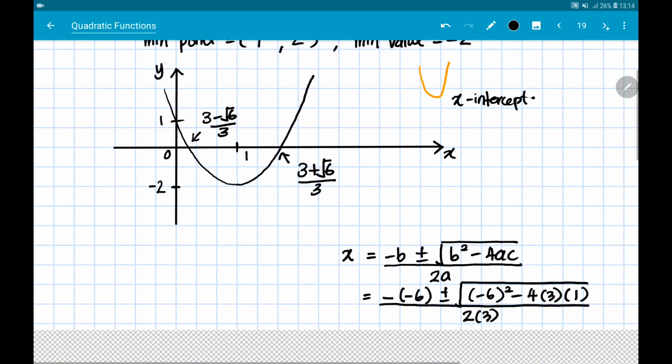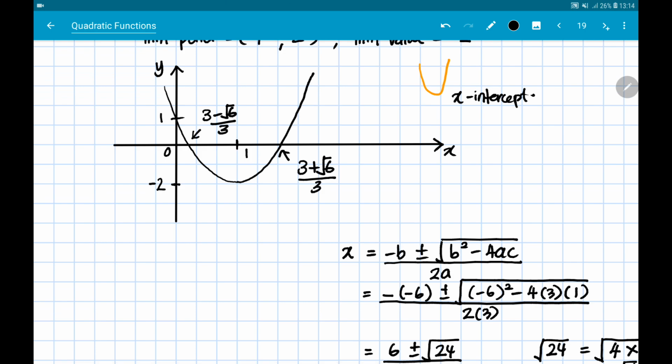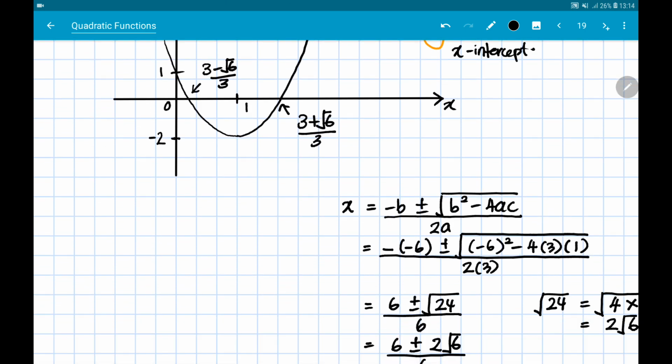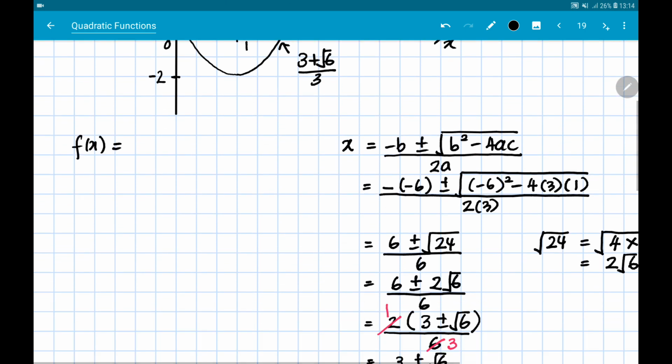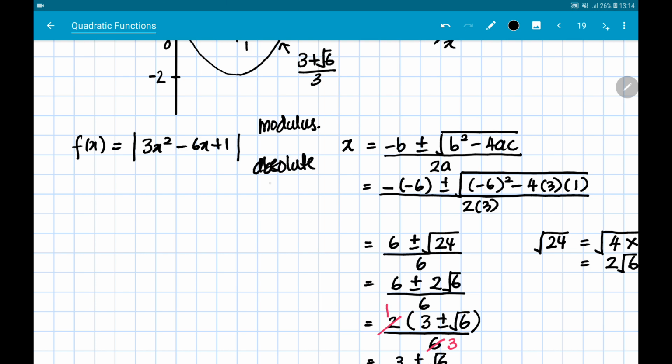However, say for instance the function given is slightly different. What do I mean? Sometimes we will come across functions in modulus form. Earlier, we solved the function 3x squared minus 6x plus 1. If there are lines here and here, we call this the modulus, also known as absolute value.